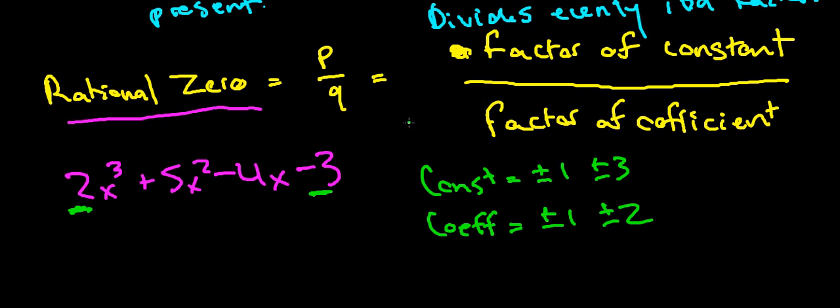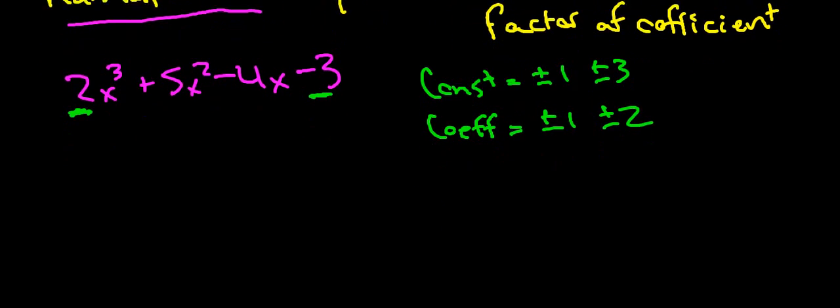So according to this theorem, the zeros have to be factors of the constant divided by factors of the coefficient. Here we have multiple possibilities, so we come up with a pool of numbers.